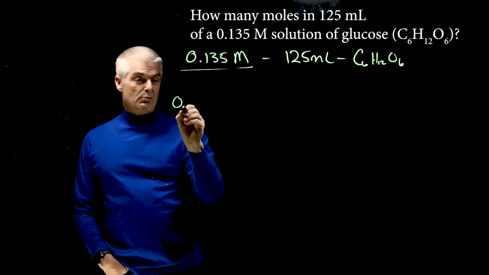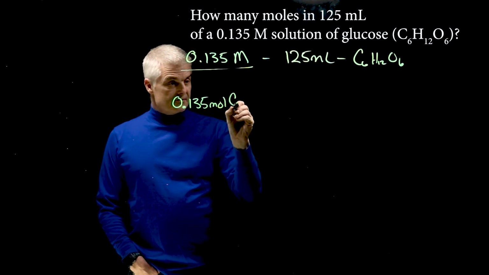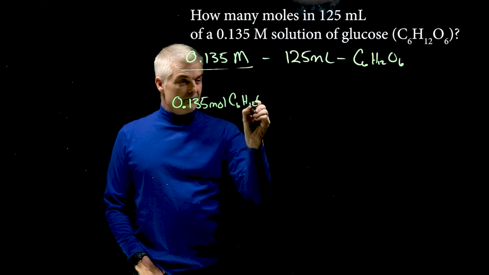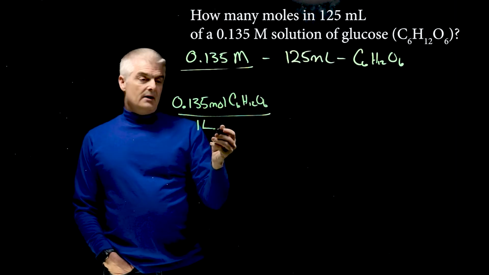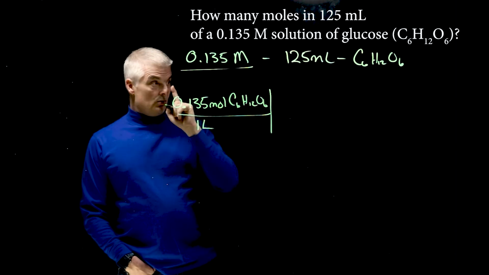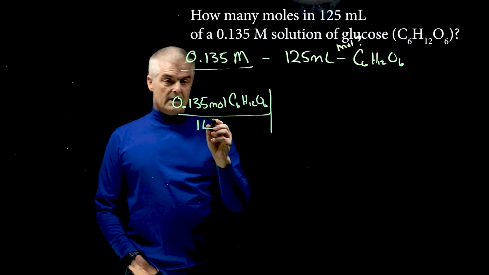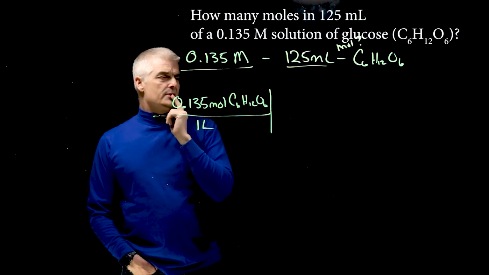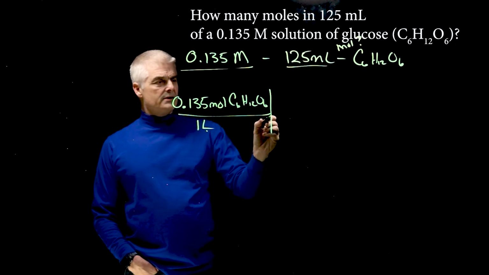So I'm going to say 0.135 moles of C6H12O6 per 1 liter of solution. I just like to leave it as per liter. And I'm asked to find the moles. I know this number. This is liters, but I've got milliliters, so let's get rid of liters.